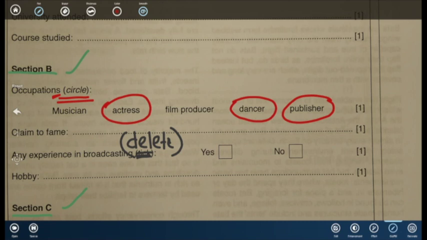unlike in ticking and in circling and in crossing, where we always circle, tick, or cross what is applicable, in deleting, we instead delete what is not applicable.